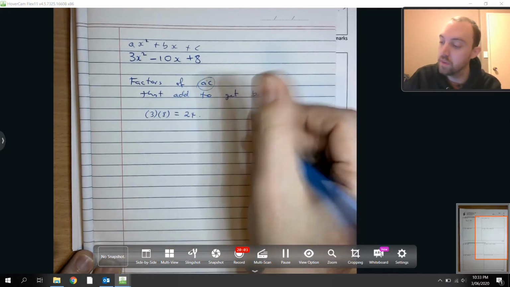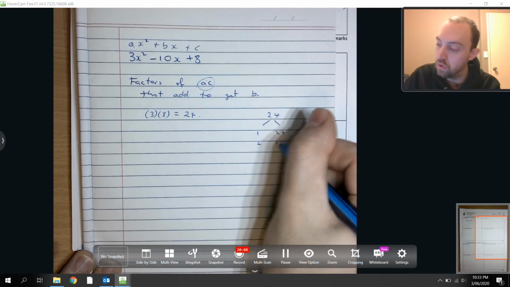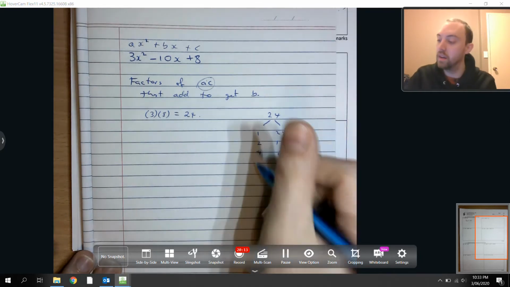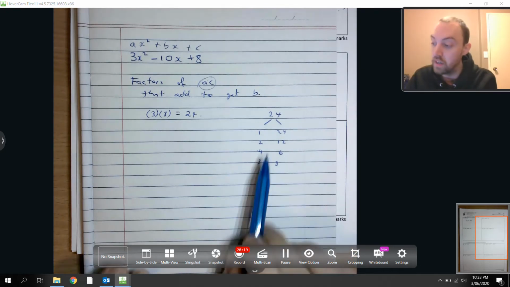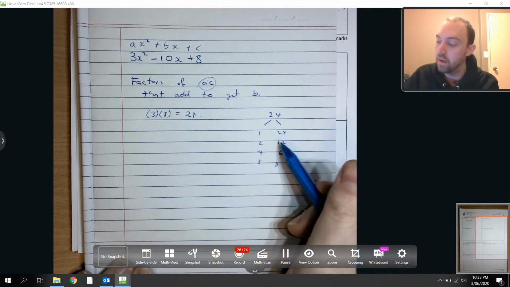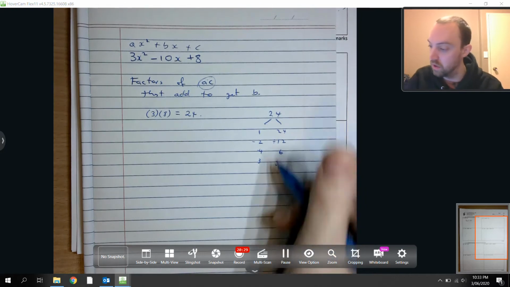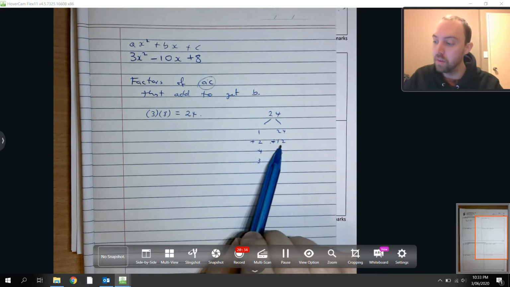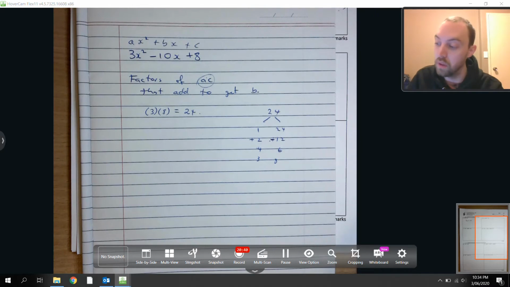So 24 is, let's say 1 and 24, 2 and 12, 4 and 6, and, sorry, 3 and 8 is the other one. So we're looking for a difference of 10. 2 and 12 could work, but it would have to be negative 12 plus 2, and positive and negative would not get you a positive number, so they both need to be positive or they both need to be negative.